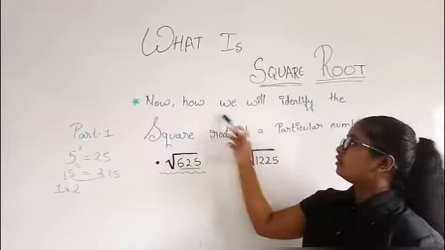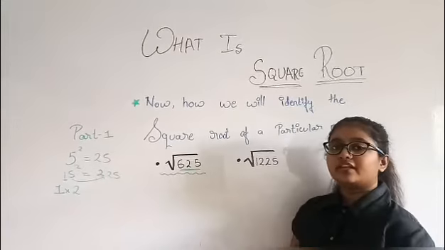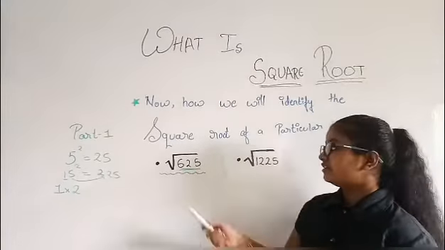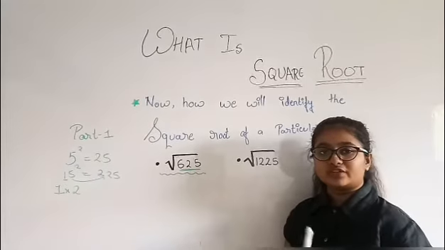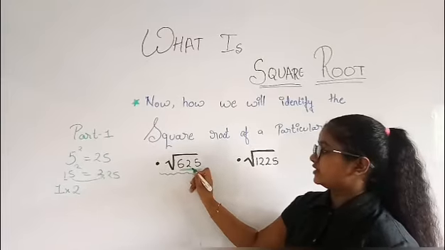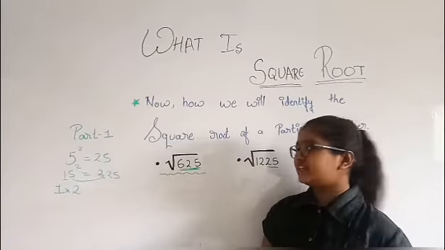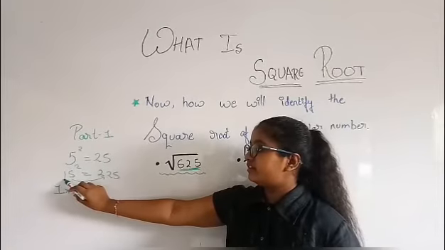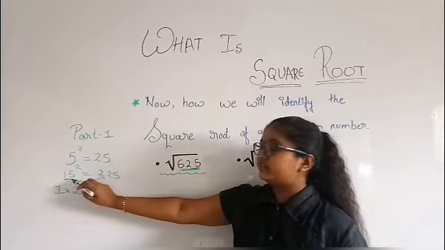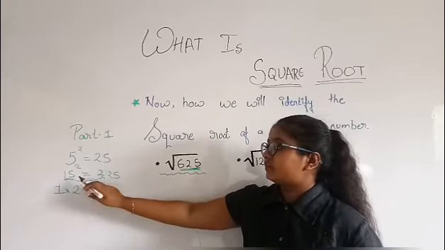Okay, now how will we identify the square root of a particular number? Now we have to identify the square root of the numbers. First we will see the numbers ending with 25. In part 1, we have seen that whenever we have to find the square of a number ending with 5, we write square of 5 is 25.